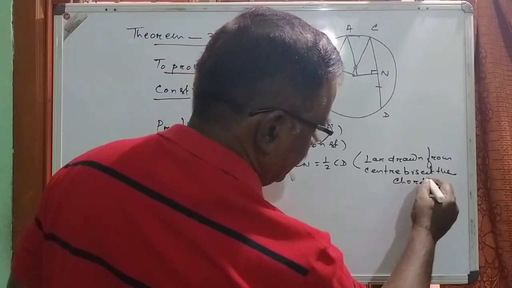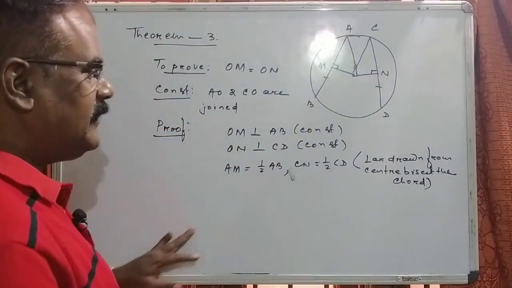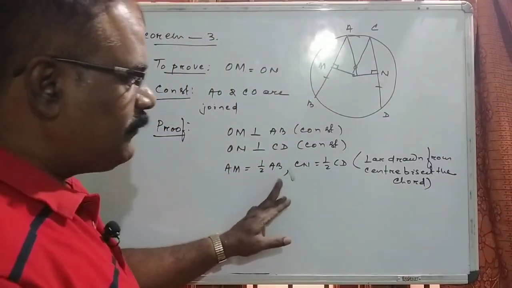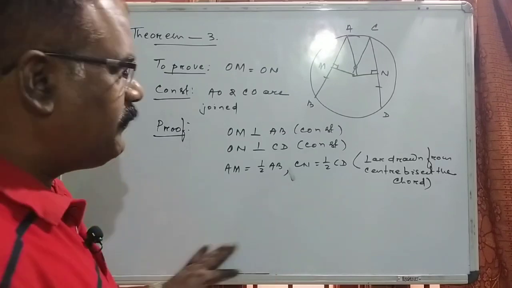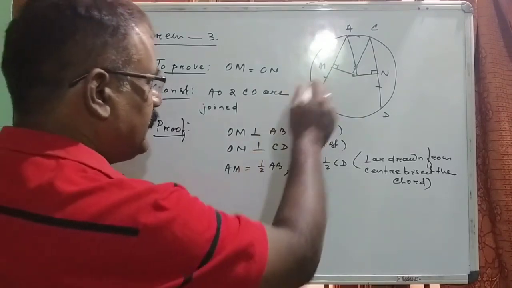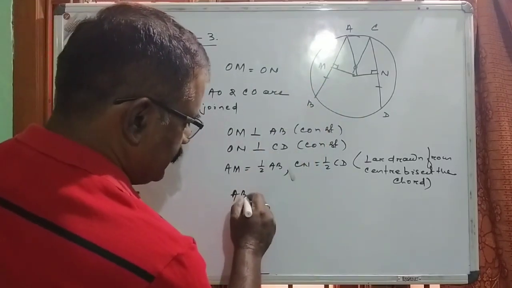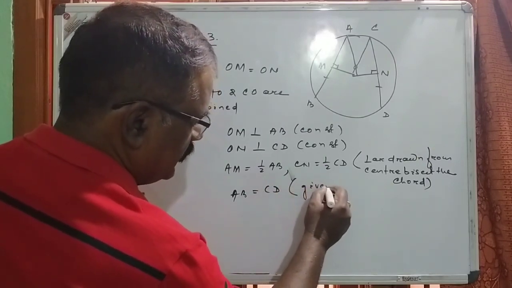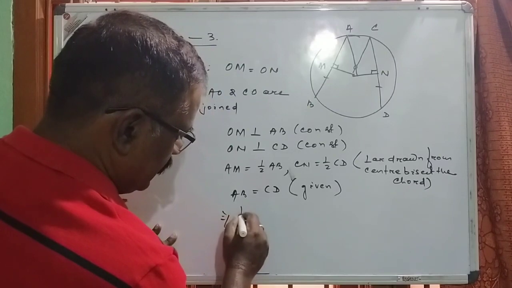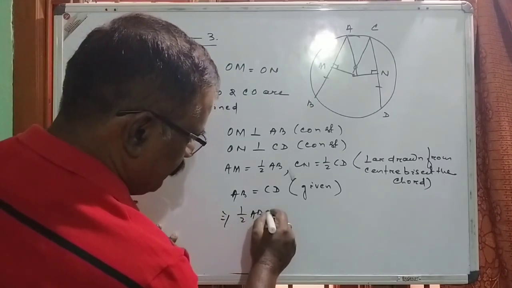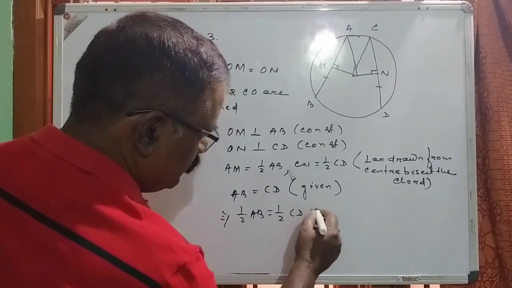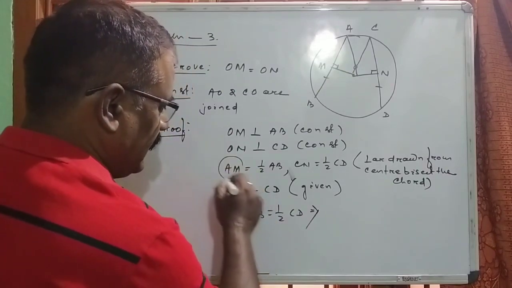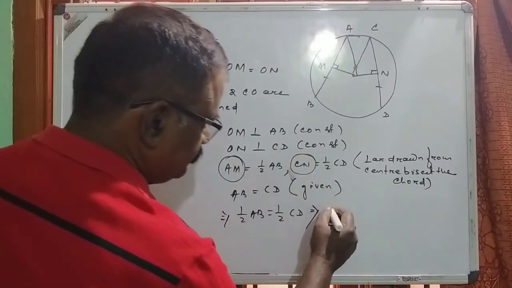Basing on this statement, AM is equal to half of AB and CN is equal to half of CD. But it is given that AB is equal to CD. Therefore half of AB is equal to half of CD, or in other words, AM is equal to CN.